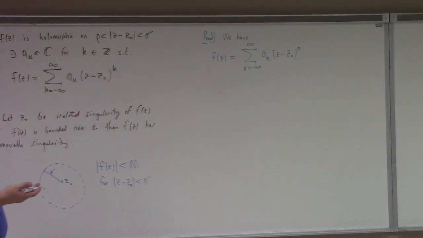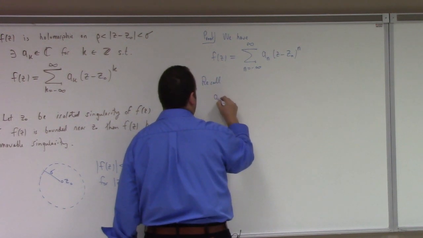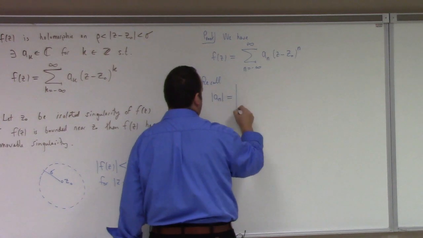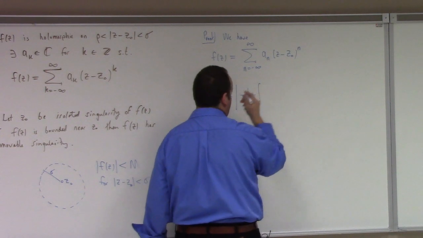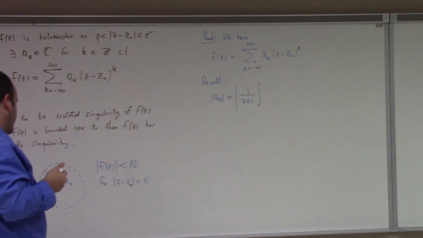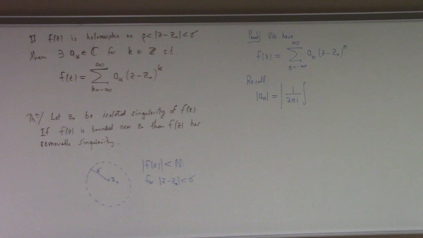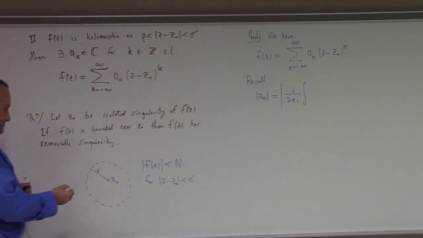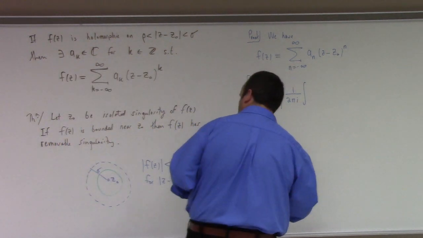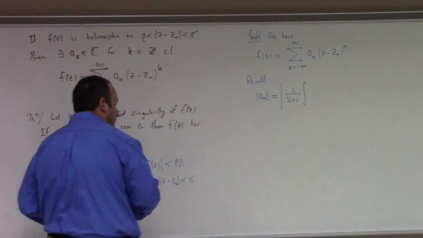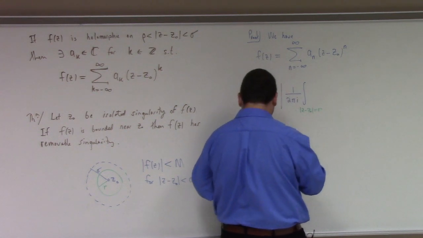Remember we found a formula last time? That the formula for a sub n, and we put modulus around it, is equal to the modulus of what? It was 1 over 2 pi i integral, right? And it could be around any circle in here, I believe, right? Pick your favorite circle up in here. Sigma over 3. Okay, sure, why not? Oh, actually, I better make it a circle of radius r. So modulus of z minus z naught equals r.